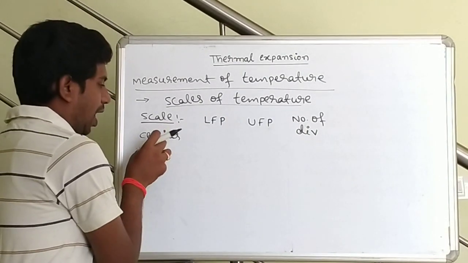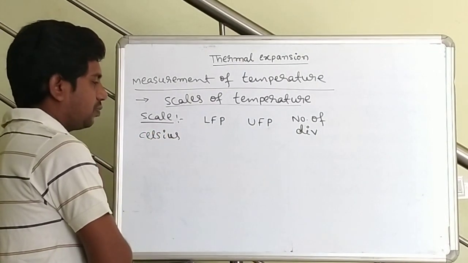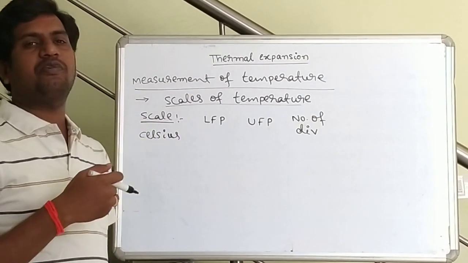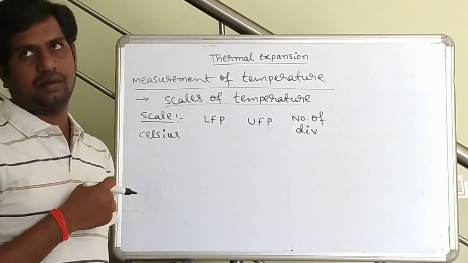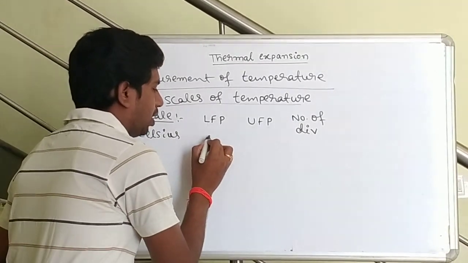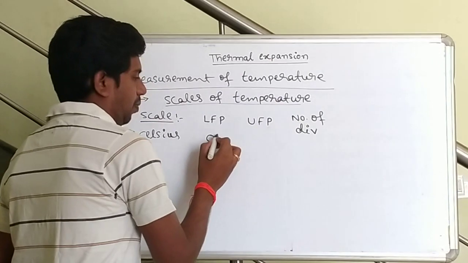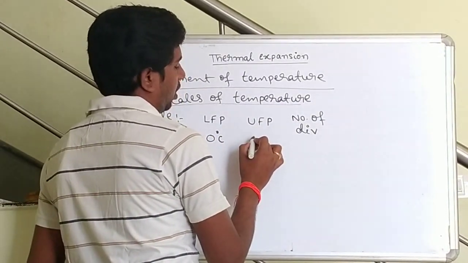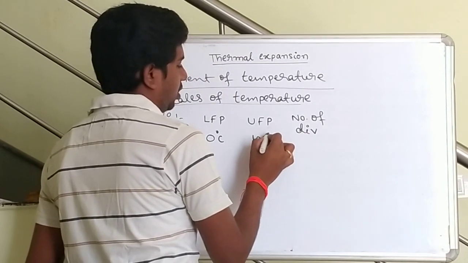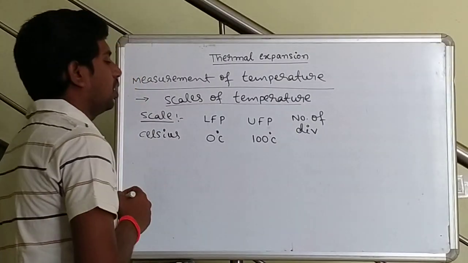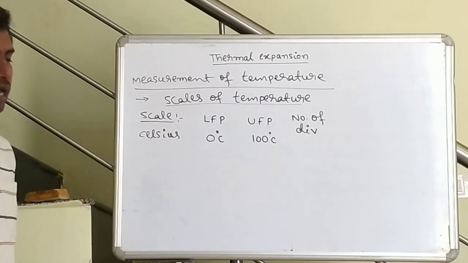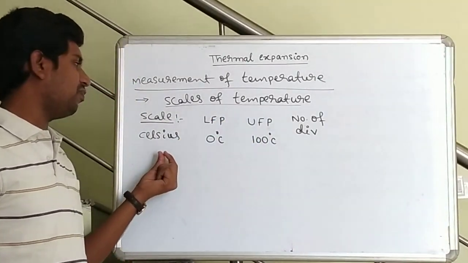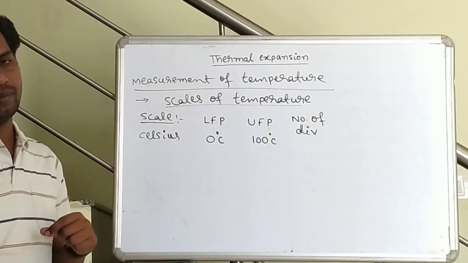On the Celsius scale, the reading of the melting point of water is 0 degrees Celsius and the reading of the boiling point is 100 degrees Celsius. These are the lower fixed point and upper fixed point of the Celsius scale.